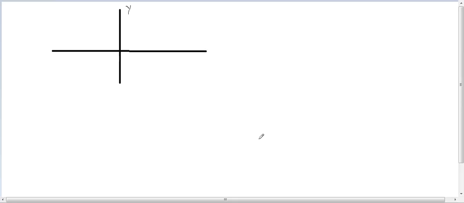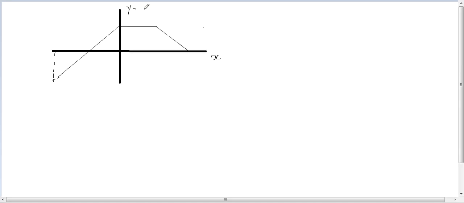This is the y-axis, this is the x-axis. This is 10.